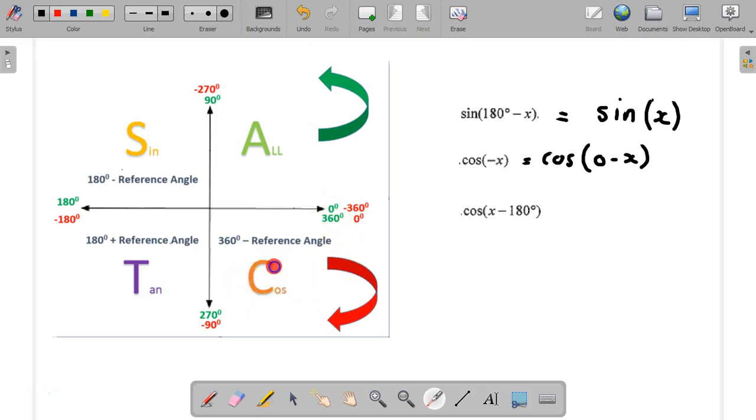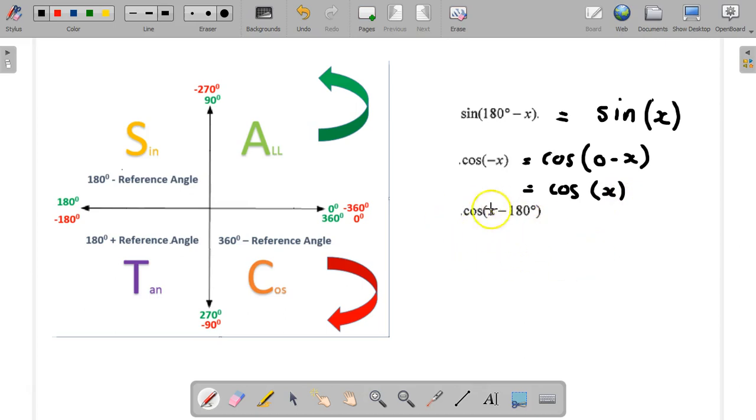So that means minus x puts me into this quadrant, and I know cos is positive in this quadrant. So I know that this simplifies to be the cos of x.